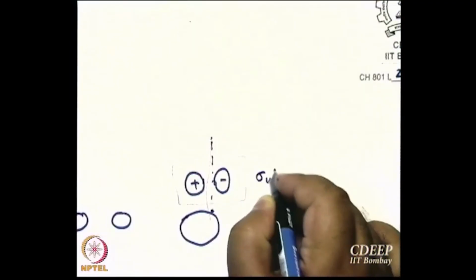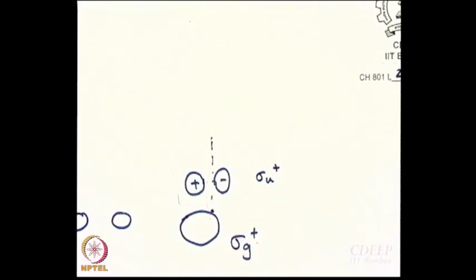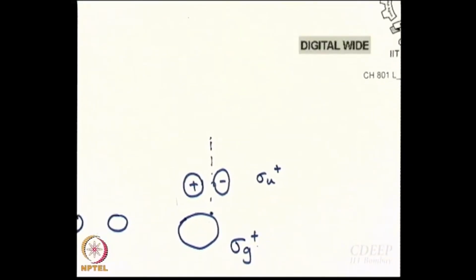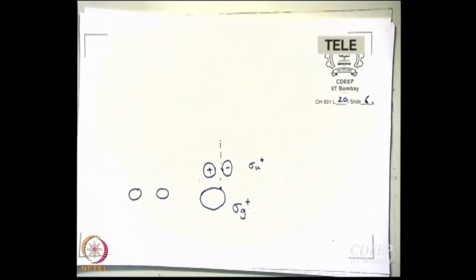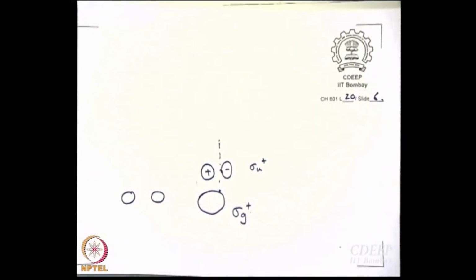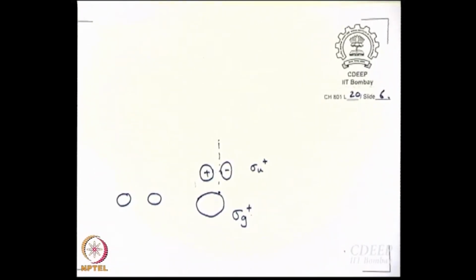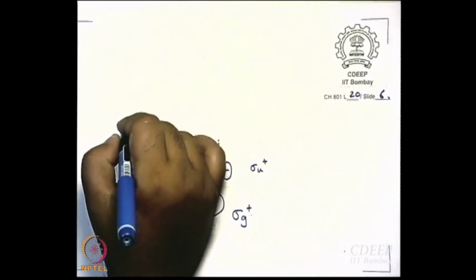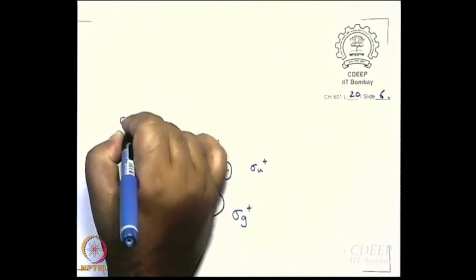It has to be sigma u plus, isn't it? So, I name this sigma u plus. Sigma u plus, convinced? Now, let us talk about the other one. What happens when it is p and p, sigma bond?